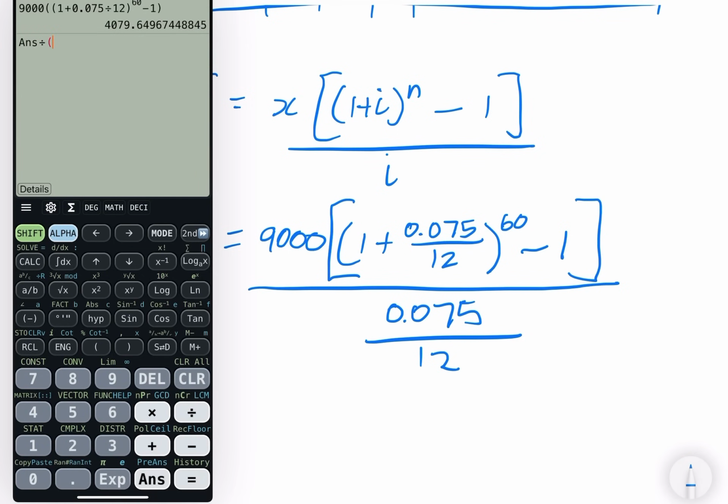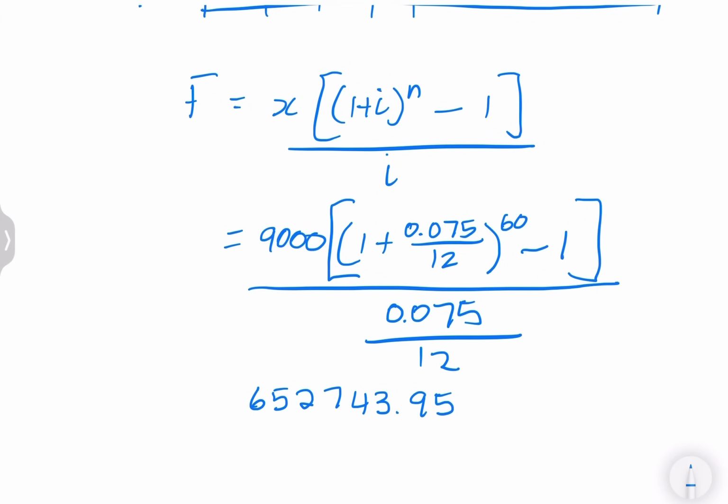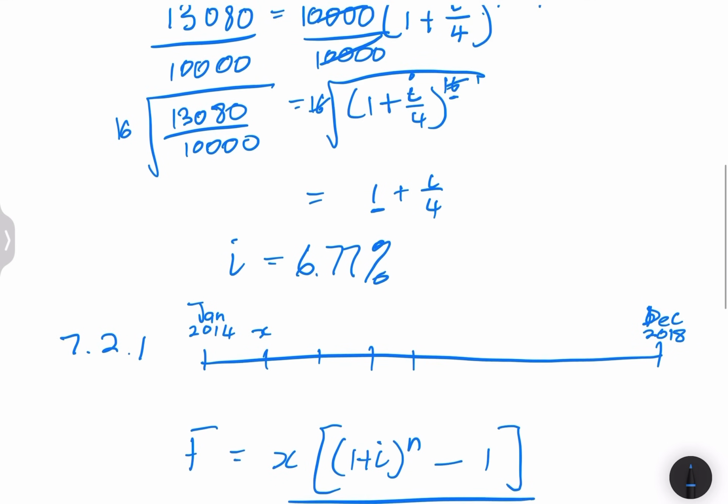And we're going to divide now by the denominator, which is 0.075 divided by 12. Okay, and I get an amount of 652,743.95. So it means that our future value will accumulate into that value over there. All right. Hopefully, we were able to get to that.